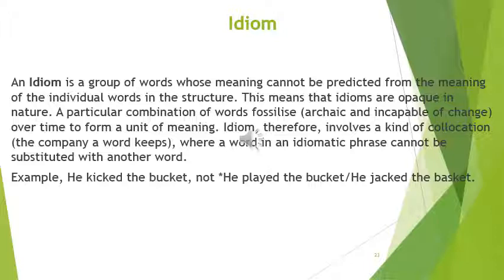They are not something that is transparent, something that you can see. It is a group of words whose meaning cannot be explained in terms of the habitual meaning of the words that make up its parts. It is a group of words with a meaning that is different from the meaning of each separate word put together.